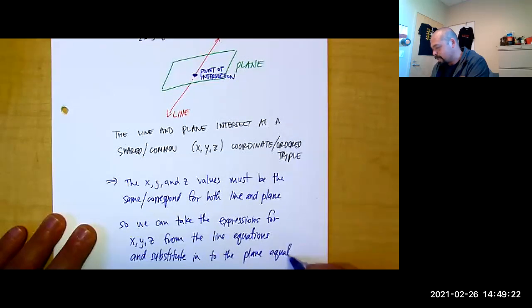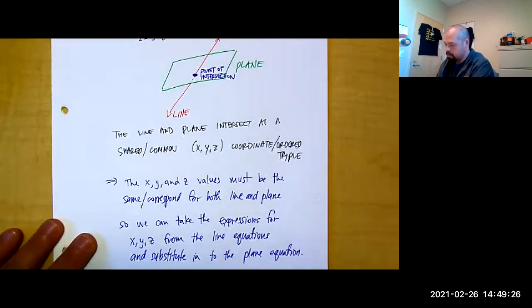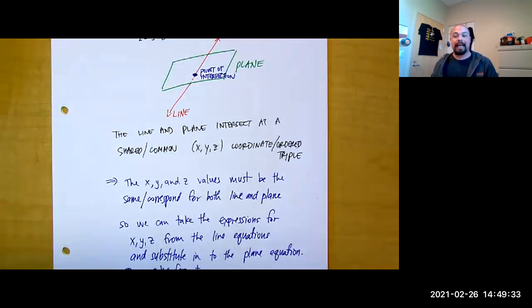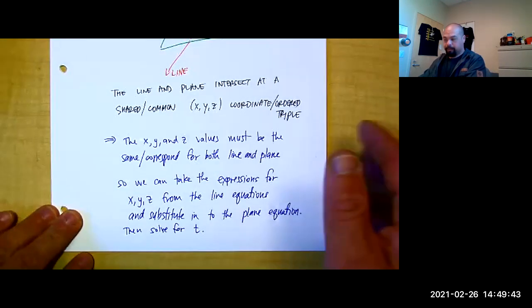That x, y, and z has to work for both equations, then solve for that parameter t. It tells us exactly what value for t to use to give us that precise point on our line that should correspond to our point on our plane as well.